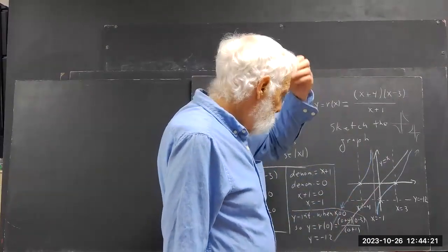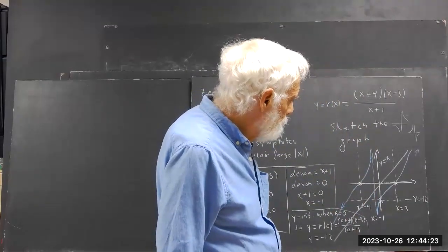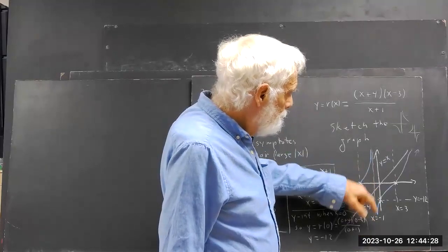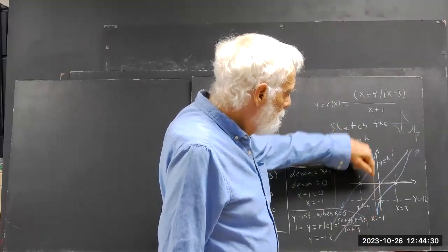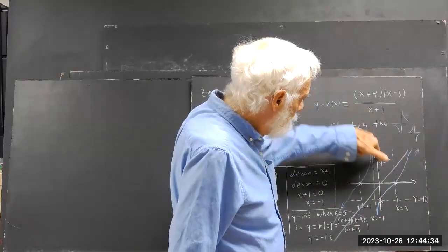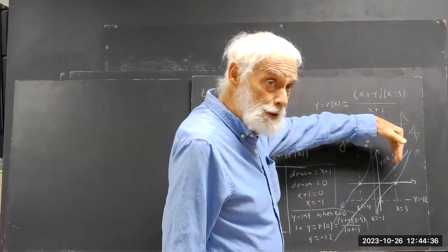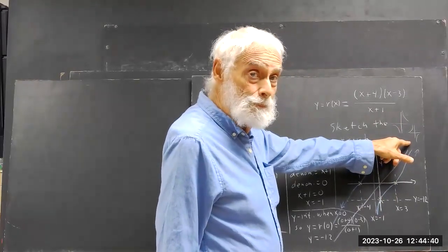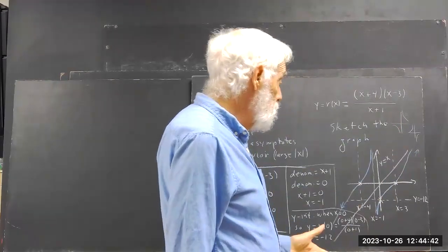All right. So now what do we know? Got a vertical asymptote here. It's got to approach this asymptote either coming up from negative here or coming down from positive on the right-hand side. So it's either going to look like this or like this. Which way does it look?